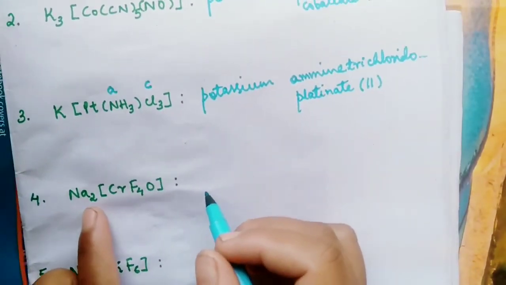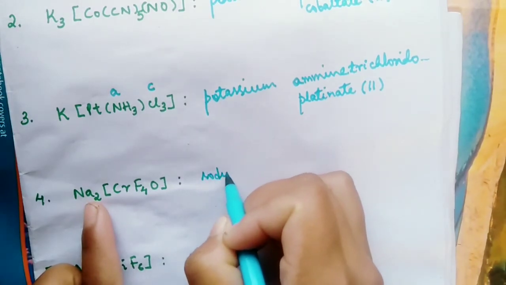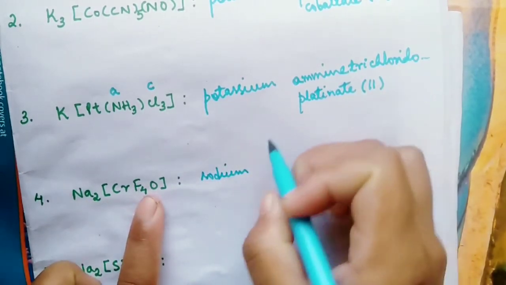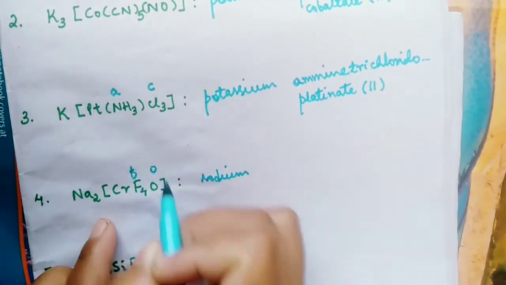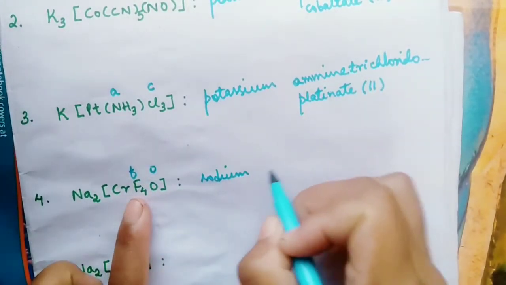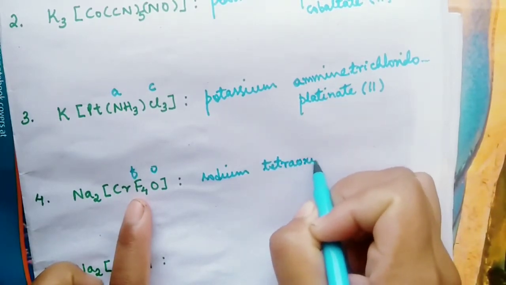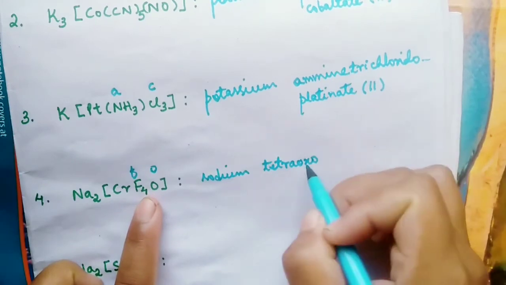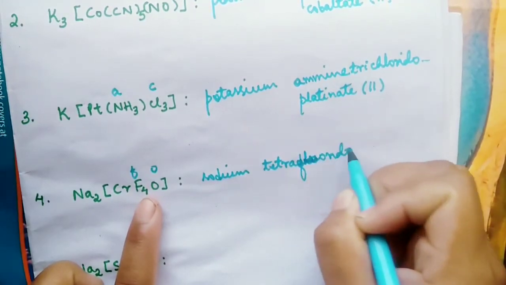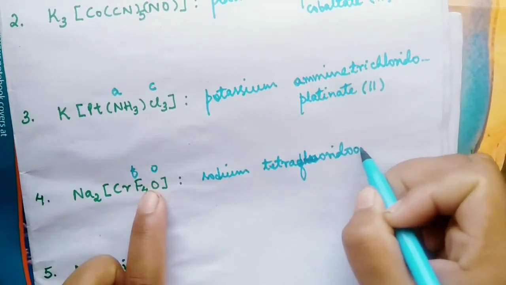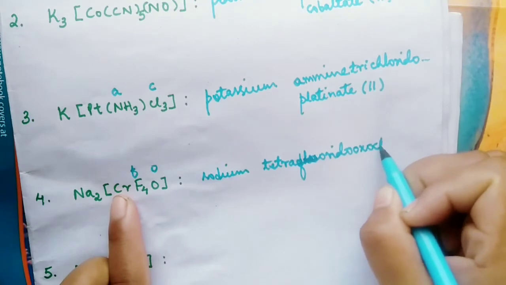So we come to this one. It's sodium. Leave some space. Now we come to the ligand. There are 2 ligands, fluorido and oxo. Which one comes first? F. And then tetrafluorido, and then oxo. This one is not chromium but chromate.